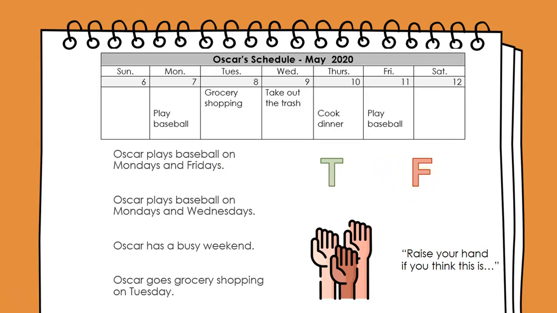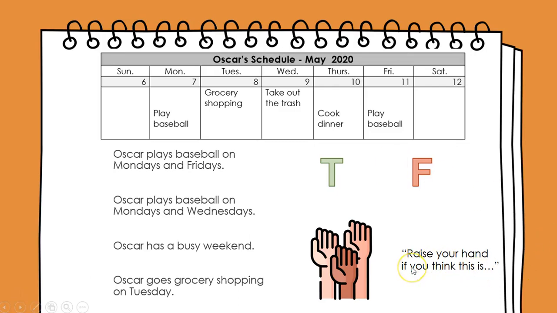Or popsicle stick. Your teacher can also do this with holding up numbers of fingers. So if you think Oscar plays baseball on Mondays and Fridays, if you think this is true, hold up one finger. If you think this is false, hold up two fingers. That's another way. Or they may simply say, "Who thinks this is true?"